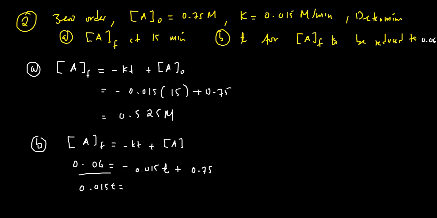I'll take this other one to the other side, so it will be 0.75 minus 0.06, and that will be 0.69, and then divide both sides by 0.015. That is going to give us around 46 minutes. That is how you maneuver around that question. Okay, hope that makes sense.